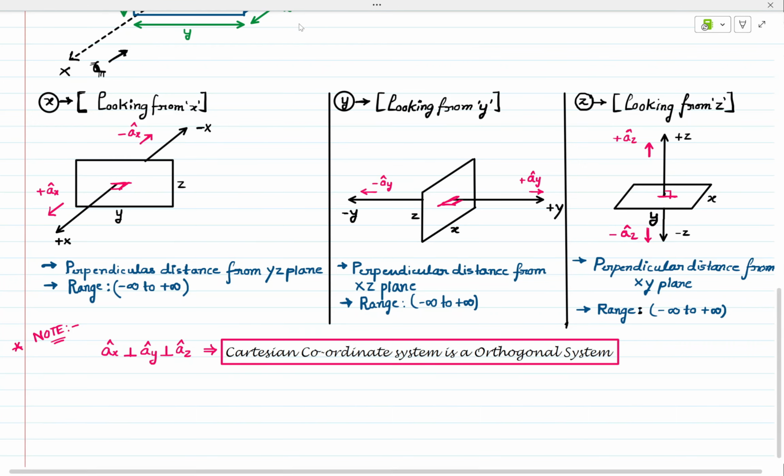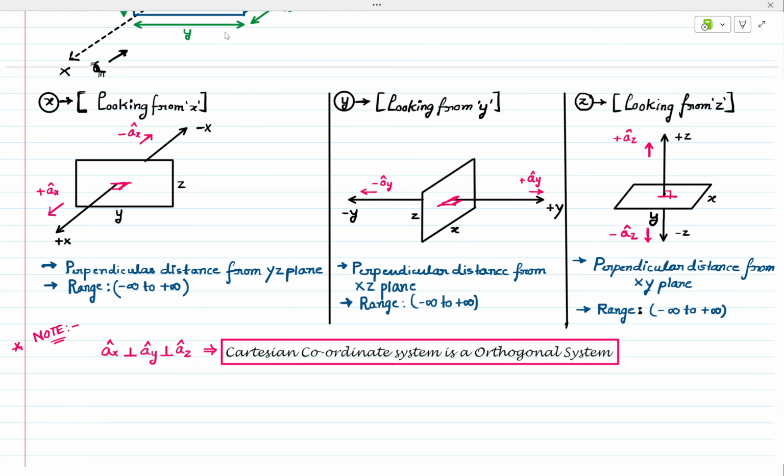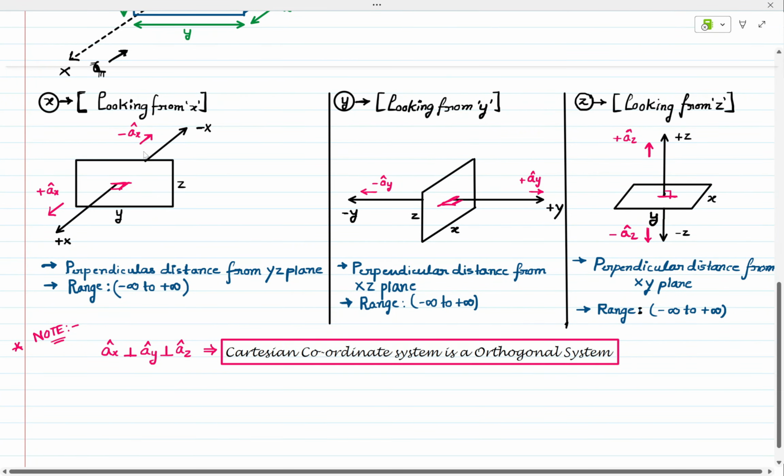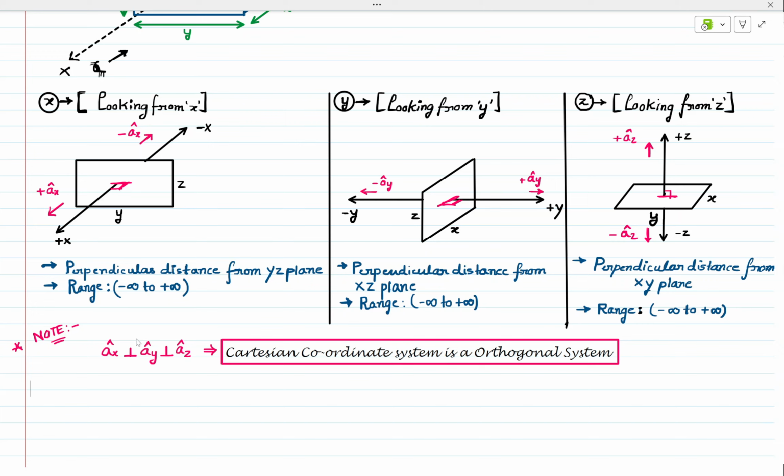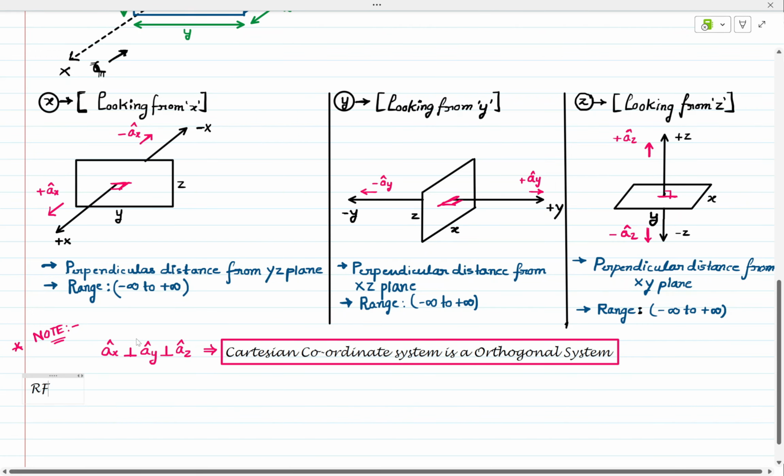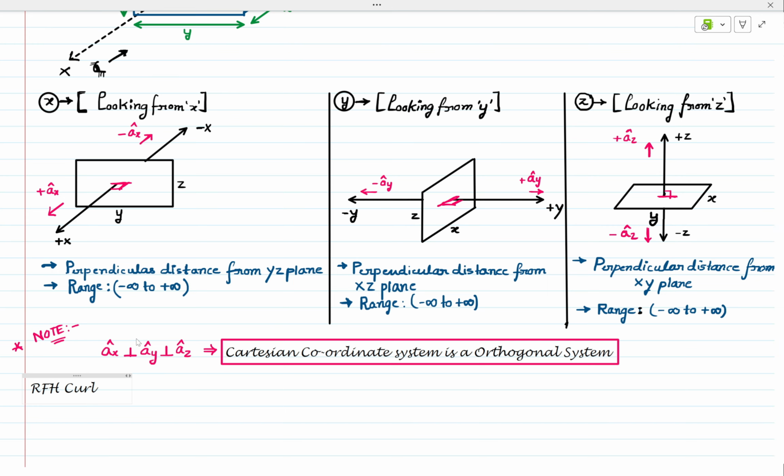Let me write it: RH curl rule for orthogonality.